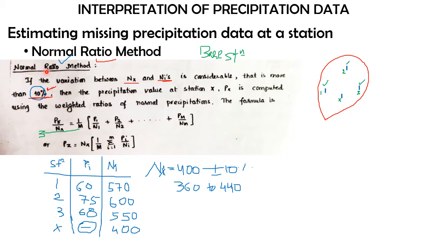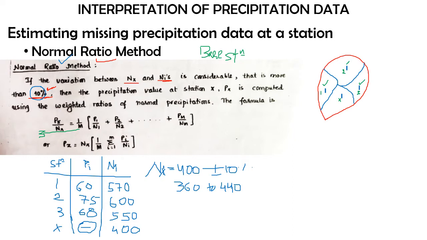Now I'll tell you why there is a difference between arithmetic average and normal ratio method. The reason being, if you imagine this particular scenario, if I take these 4 rain gauge stations in that catchment area, and if I try to draw the effective areas for each of those rain gauge stations, imagine this is how the effective area is there.